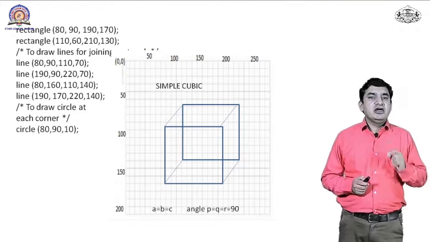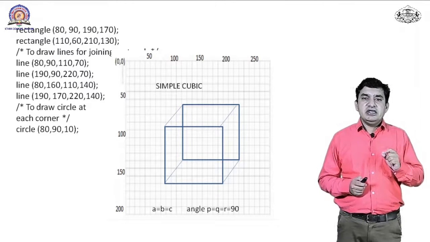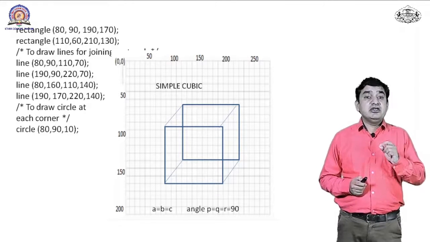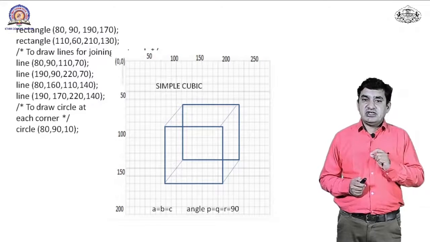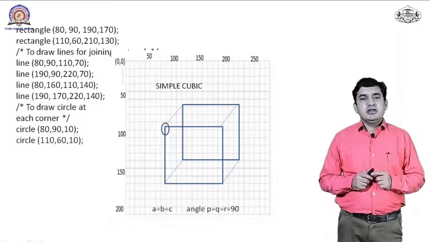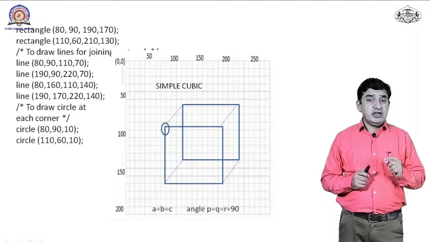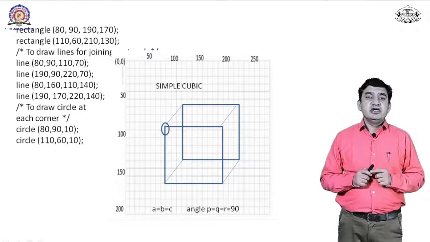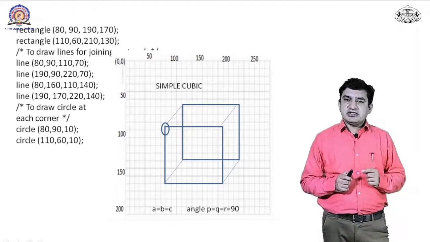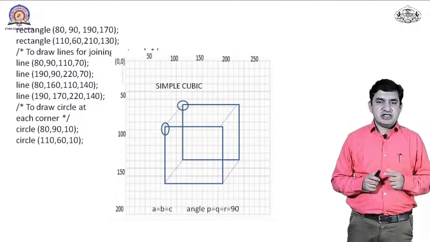First circle having coordinate 80, 90, and this circle has radius 10. The center of the next circle has coordinate 110, 60, and the radius of this circle is again 10. The second circle is like this.